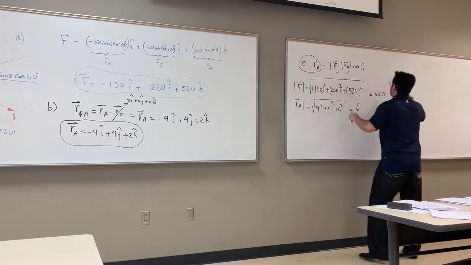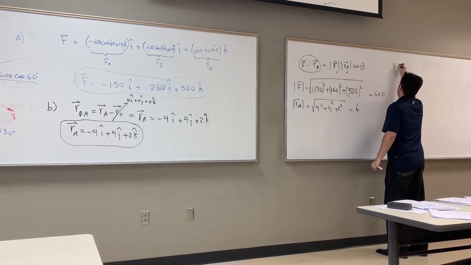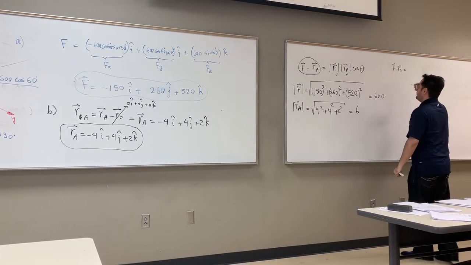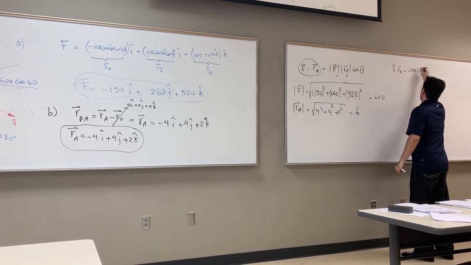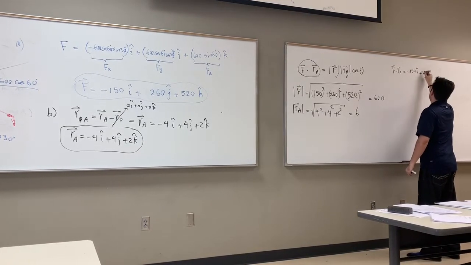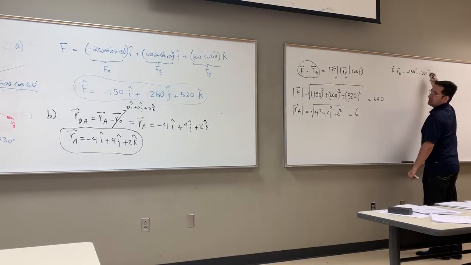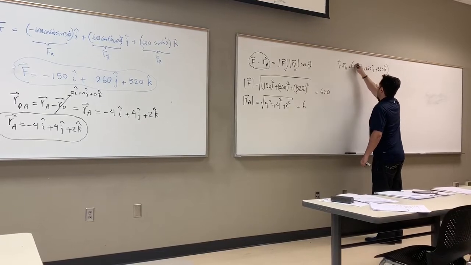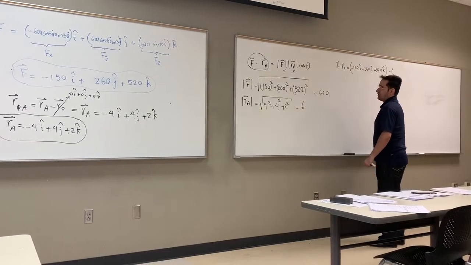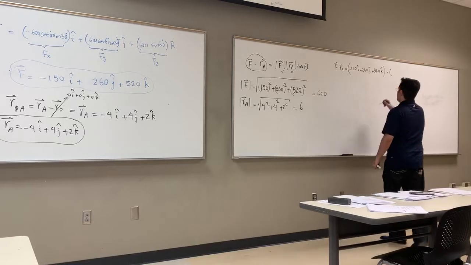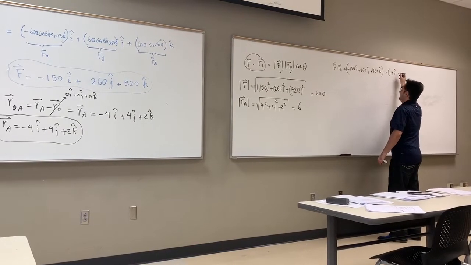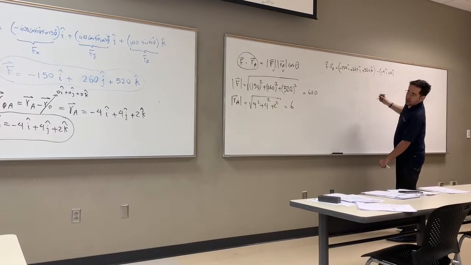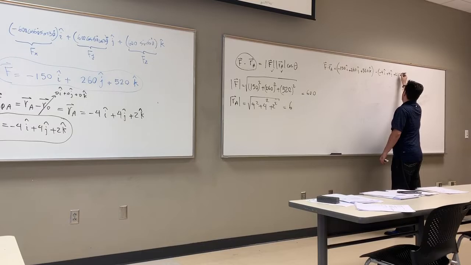So here, F dot RA is equal to negative 150 I plus 360 J plus 520 K dotted with RA. RA is negative 4I plus 4J plus 2K.